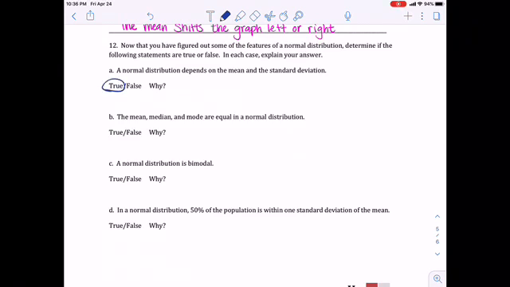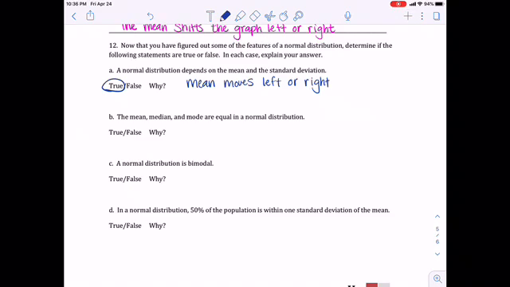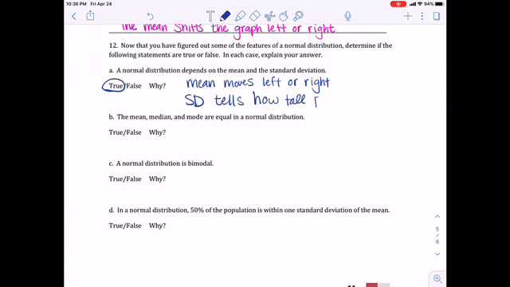So this is definitely going to be true. The reason is because the mean moves it left or right, and the standard deviation tells us how tall to make the peak. And I'm just going to shorten that.